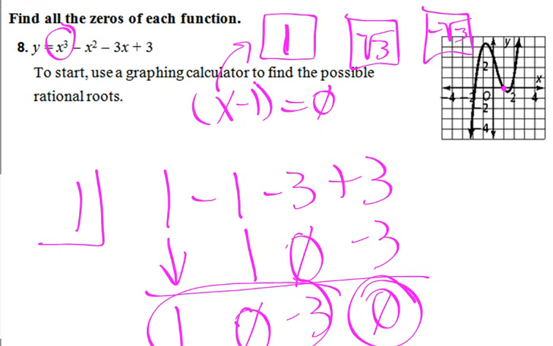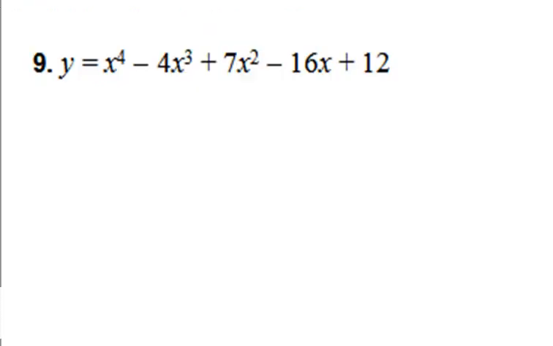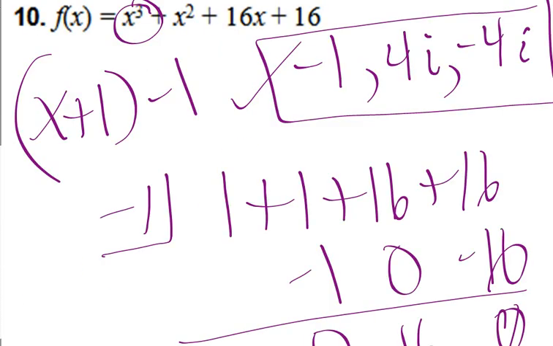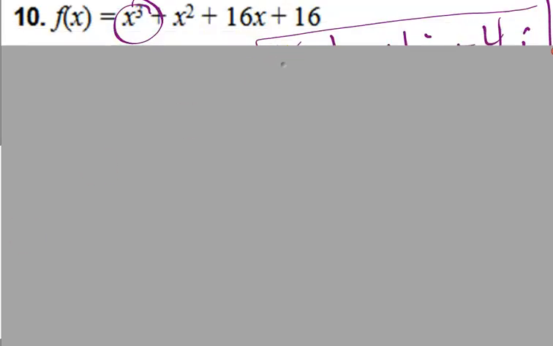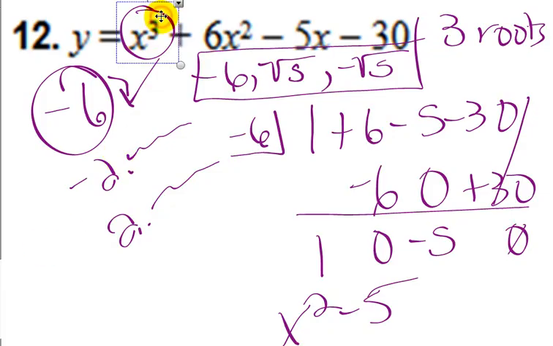Okay, so I worked 8 for you. Now try to work 10, 12, and 14 before you get out of here, and they're all equally that easy. Ten only has 3 roots, and 12 has 3 roots.